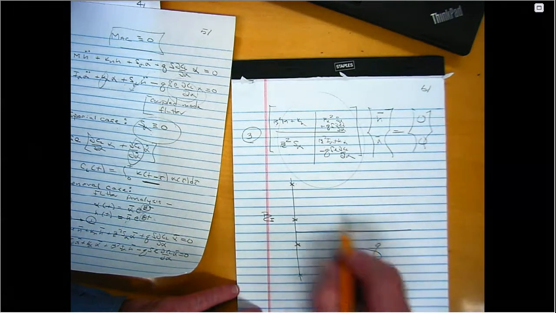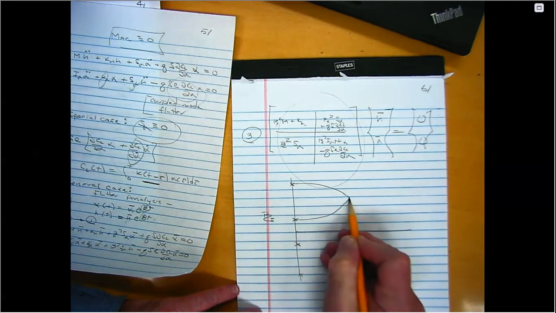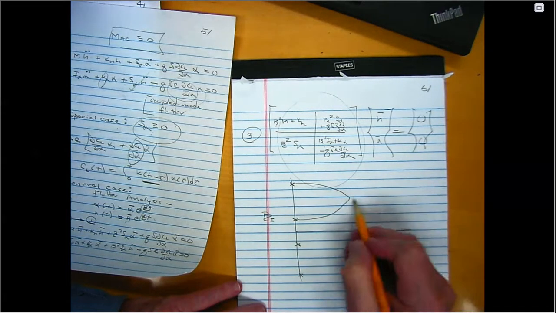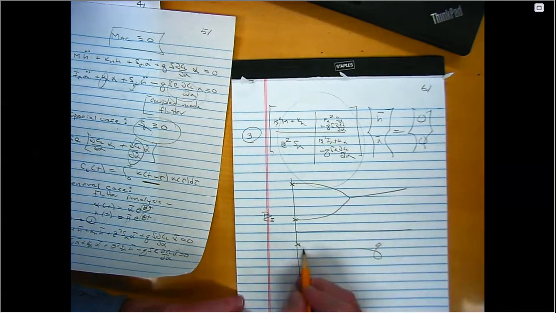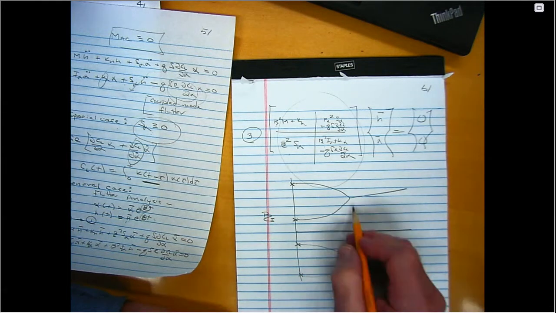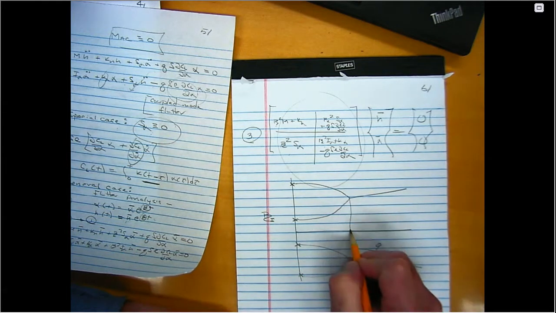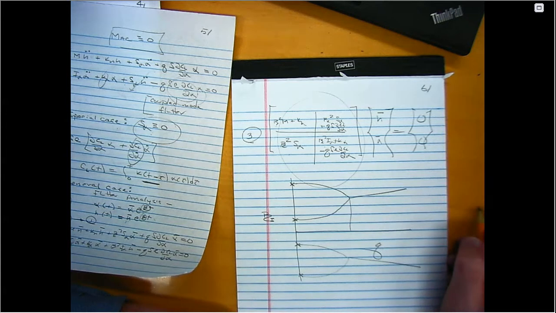And then as Q gets large enough, this one goes down, this one comes up, and they meet. And then after that, they stay the same. Right? And what happens here is, now there's a real part.